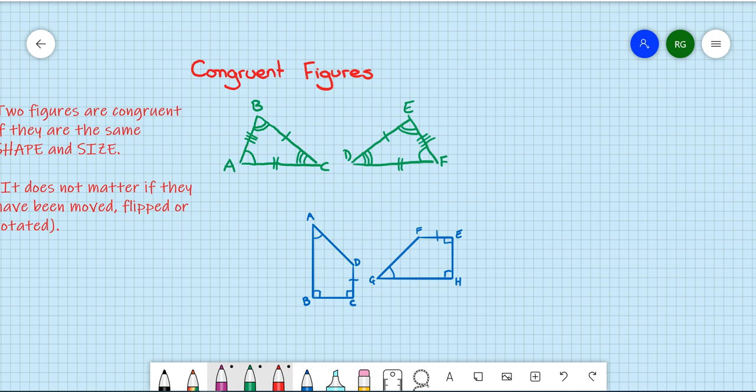So up here, I'm going to say triangle A, B, C. So that means if we follow our way around the triangle, so we go from this corner to this corner, so A to B to C, we need to reflect that in our congruent shape.